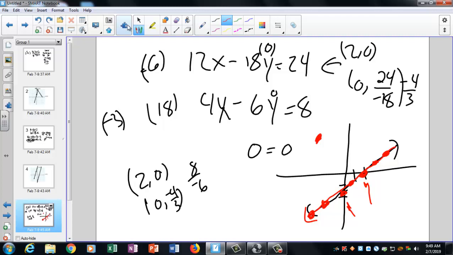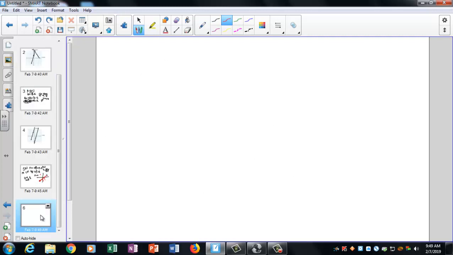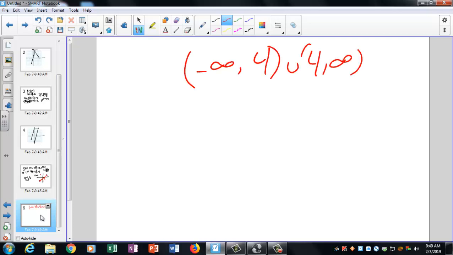Now, here's the hard part. How do you write that? Now, I really feel terribly bad for you, right? Because remember what you've already seen as it relates to domain, right? You've already seen this. And the first time you thought, what the heck is he doing?